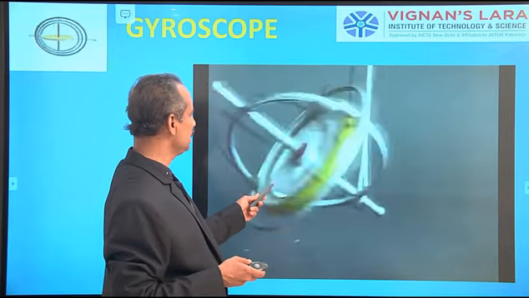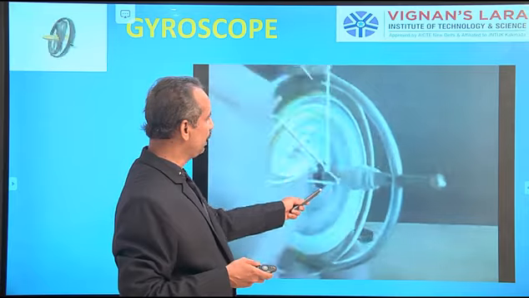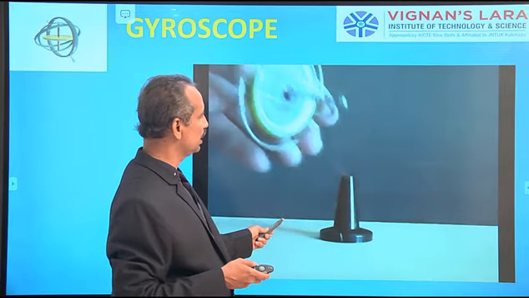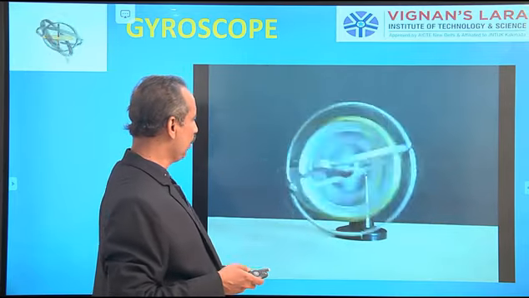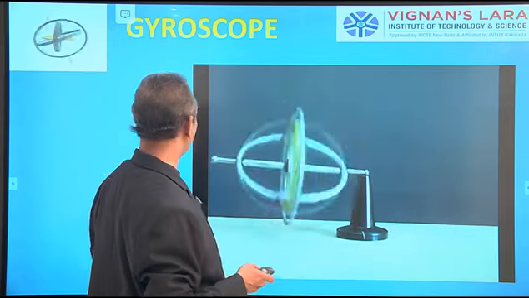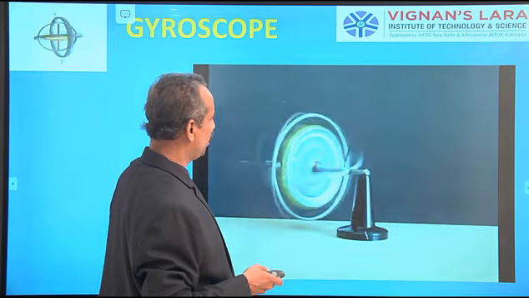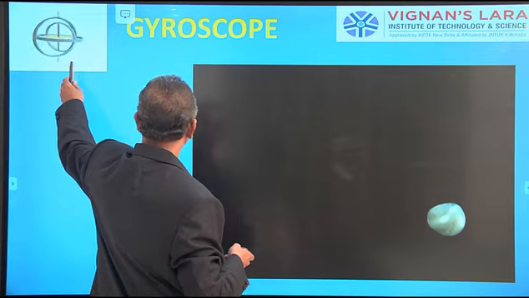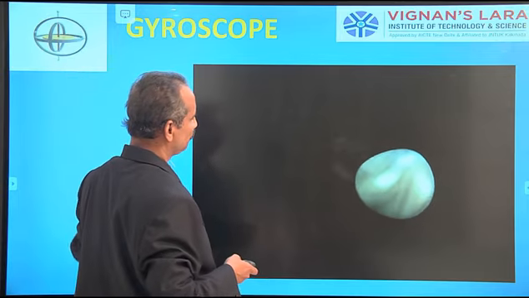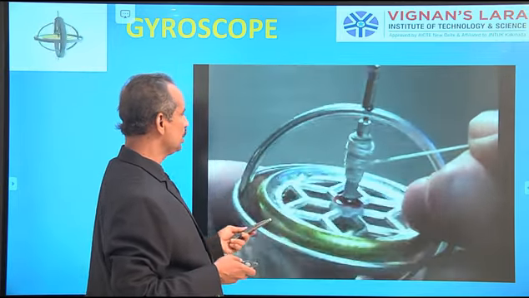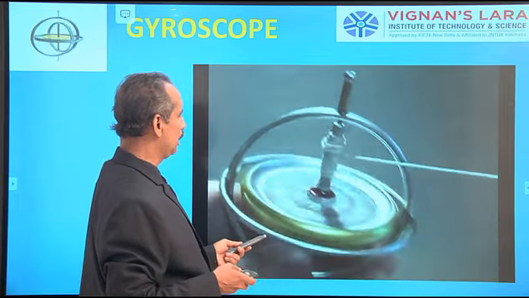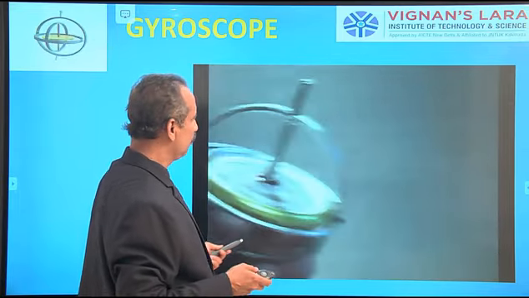It's a spin axis. You can observe here that simultaneously, not only spinning, it is also revolving. So these are all simple things which you can observe from the gyroscope device. The same thing you are seeing here. This is the gyroscope device. The practical applications of this gyroscope are illustrated in the further part of the video.